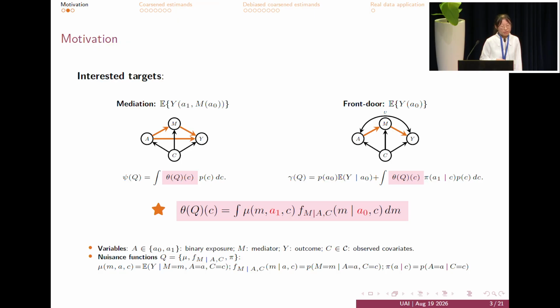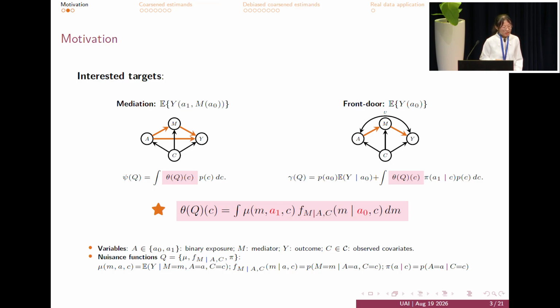You will care about the nested potential outcome, and after some assumptions, you will have the identification formula psi q. Similarly, for the right one, the front-door model, if you are interested in the average potential outcome, after some assumptions, you will have the identification formula gamma.